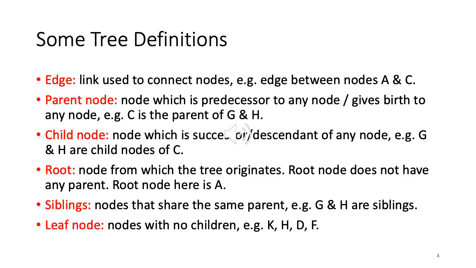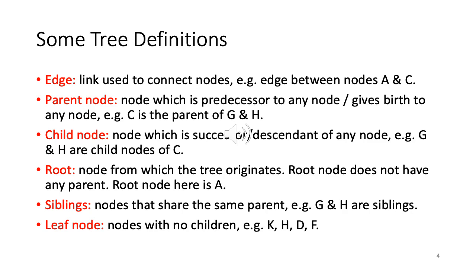Let's say for A and C, if we want to depict an edge between A and C, how do we do that in our program? We define A to be a node. One of the member variables for A will be a pointer to the left child and a pointer to the right child.